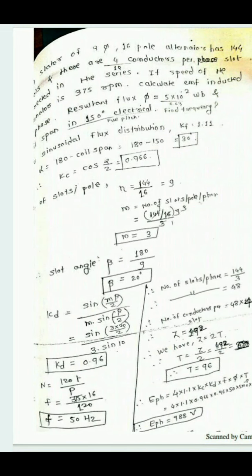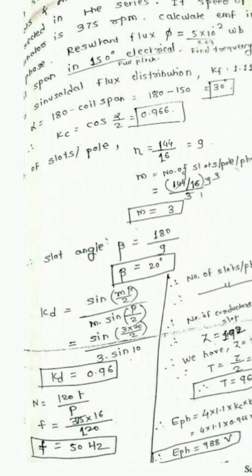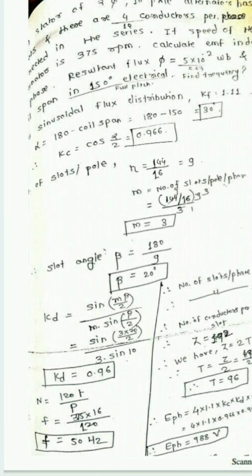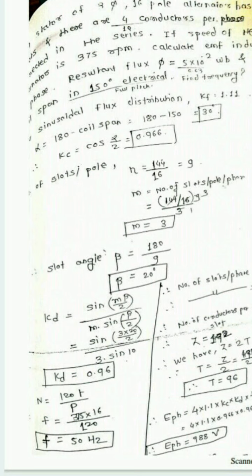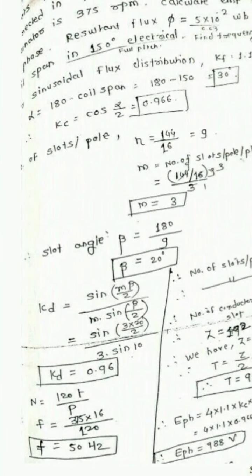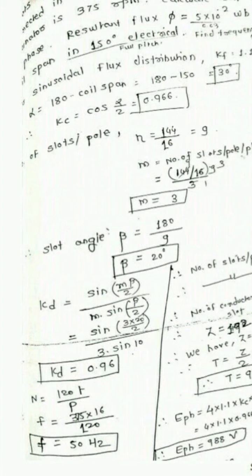The next step is to find the value of the frequency. The frequency is calculated by the fundamental formula, N is equal to 120f upon P. In the given problem, the speed is available and we know the number of poles, so it is easy to find the frequency.